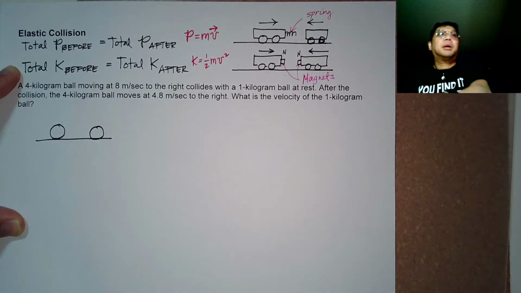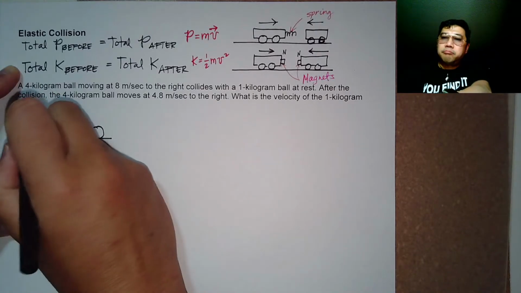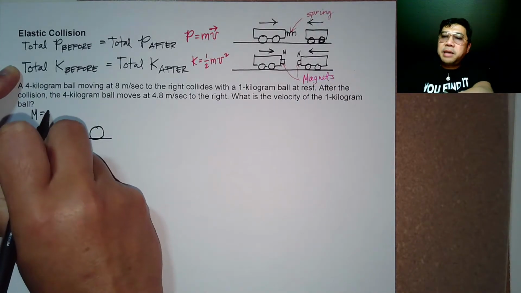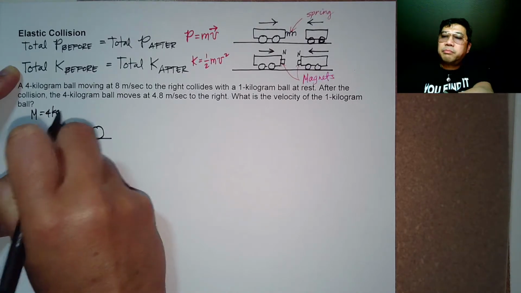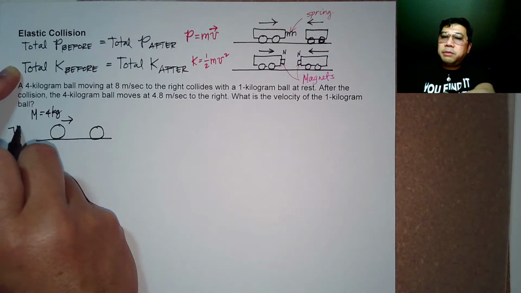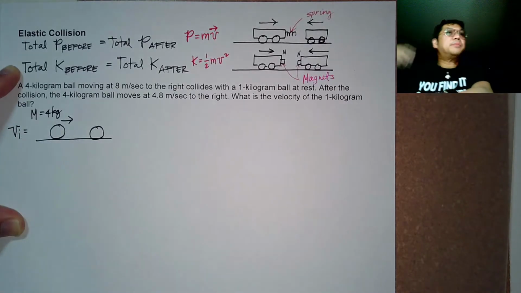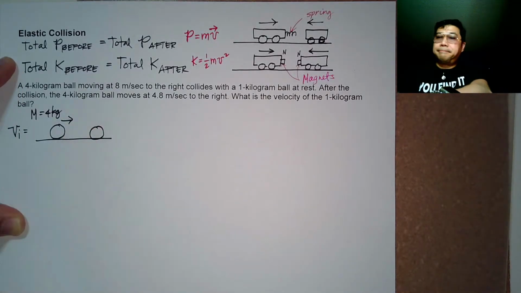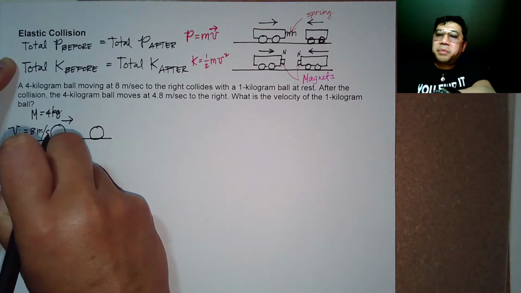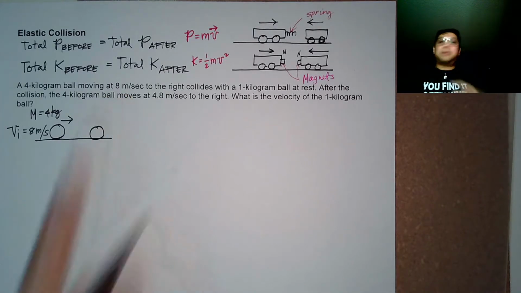The first object has a mass of 4 kilograms, and it's moving to the right at an initial velocity V sub I, uppercase because it's the first object, and that is 8 meters per second. It's positive because it's moving to the right.